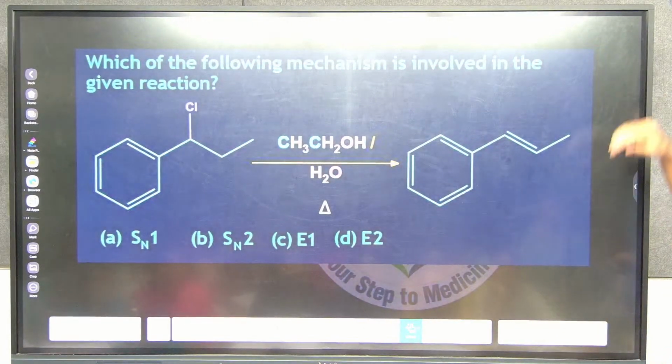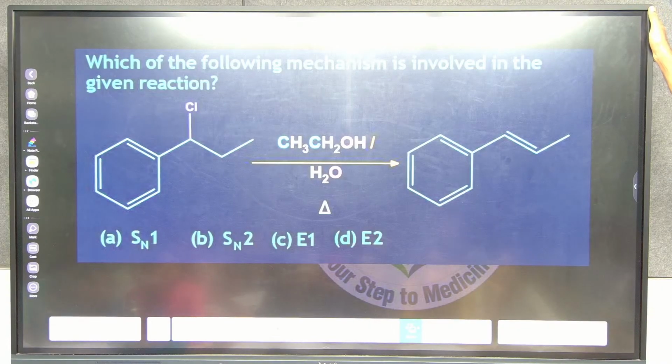First, elimination. Particularly which type of elimination will they ask? Whatever the options are there, you will say from there. Is it E2, E1?